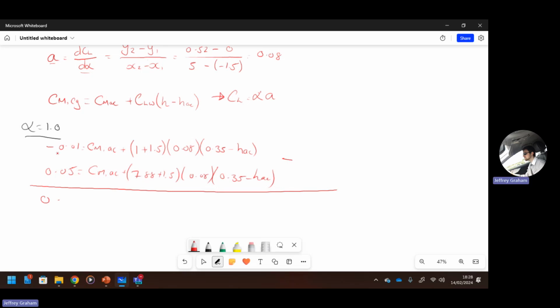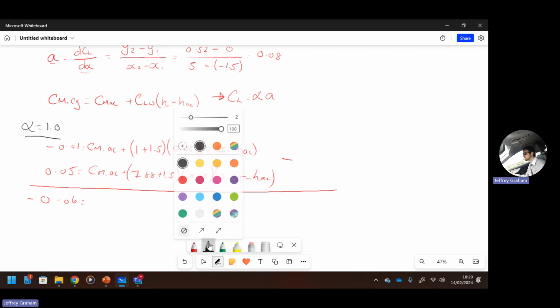Minus 0.01, subtract 0.05, gives me minus 0.06. The whole point is they cancel out.